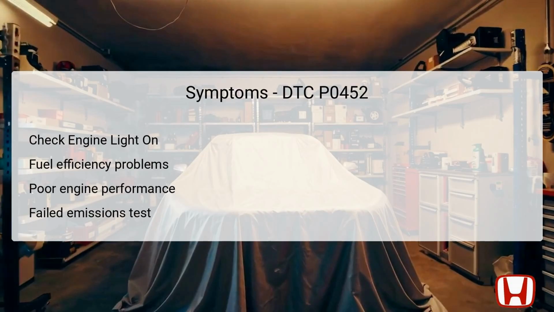Poor engine performance can also arise as a result of imprecise pressure readings, potentially leading to rough idling or a decrease in acceleration. Moreover, if not addressed, this DTC can result in failing an emissions test, which may prevent the vehicle from being legally driven on the roads. Recognizing these symptoms early can lead to prompt repairs, preventing further complications.